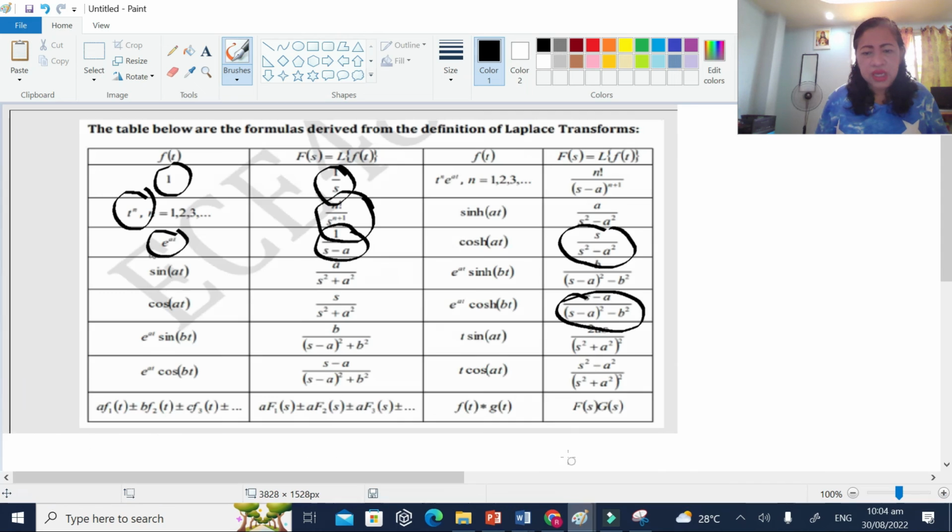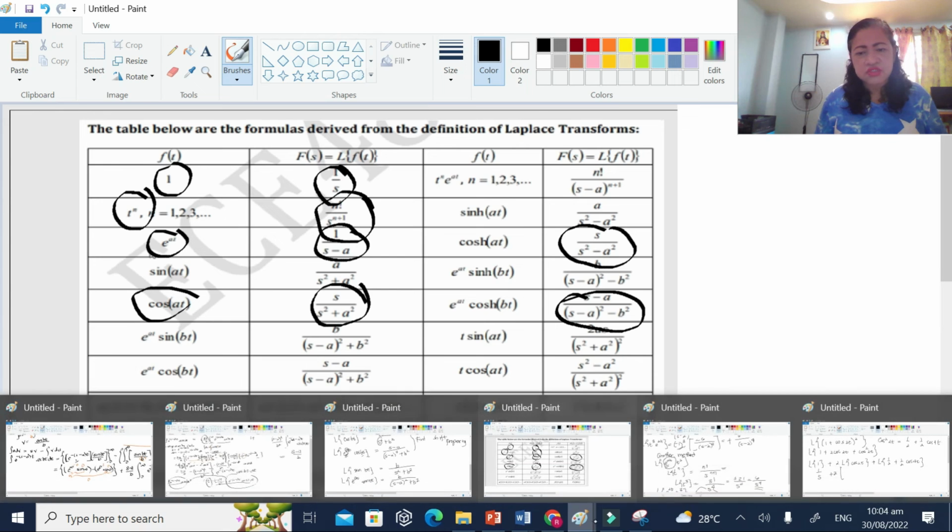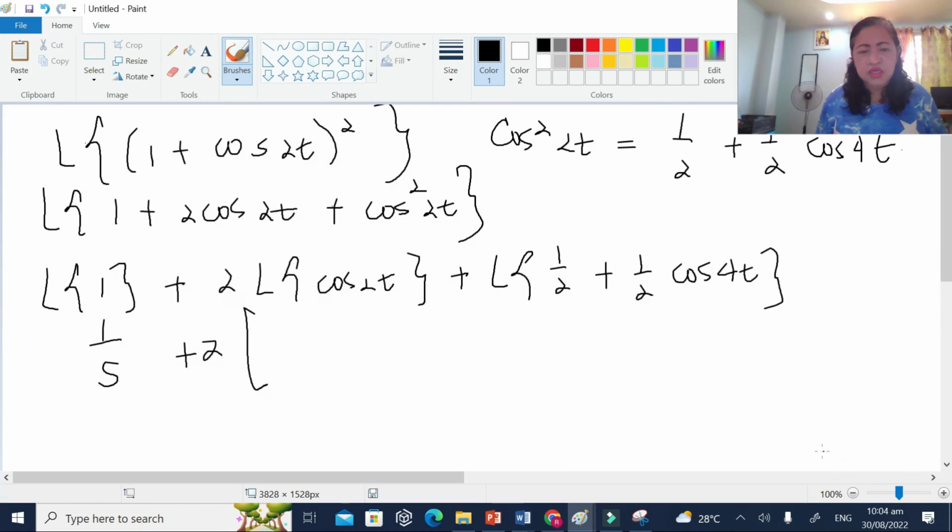Laplace of cosine is s over s squared plus a squared, so that will be s over s squared plus a squared, where our a is 4.